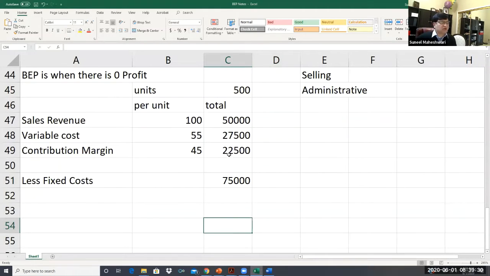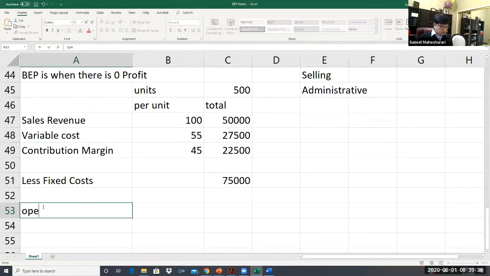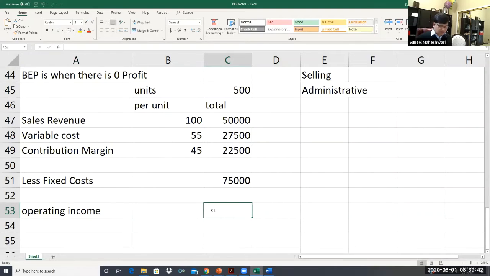For example, if your contribution margin is 22,500 and your fixed cost is 75,000, you are currently at a loss of about 52,500 at 500 units. So 500 cannot be the answer. 525 cannot be the answer.